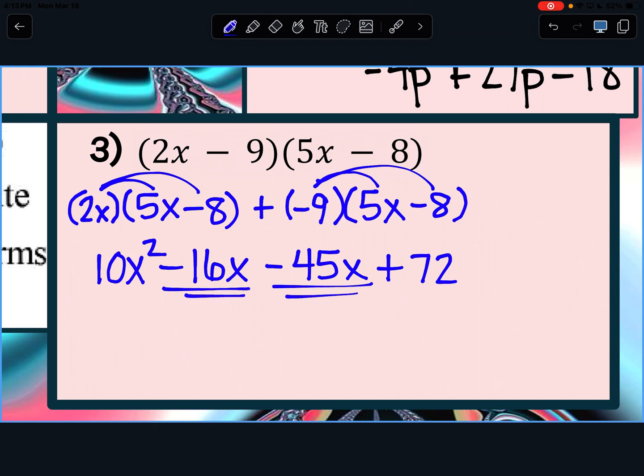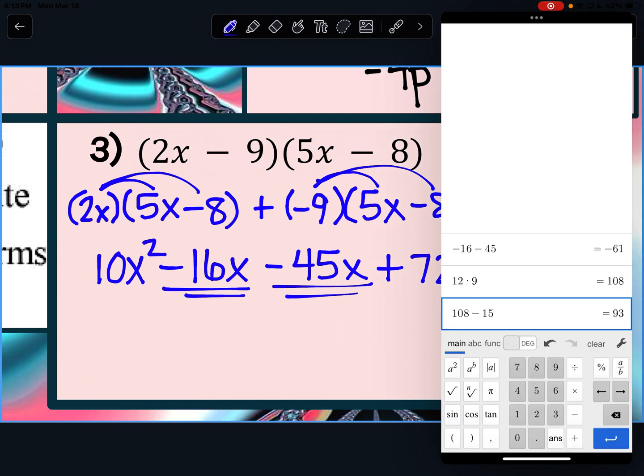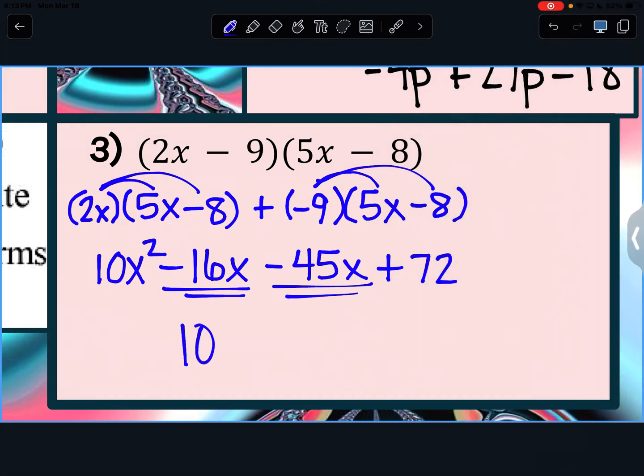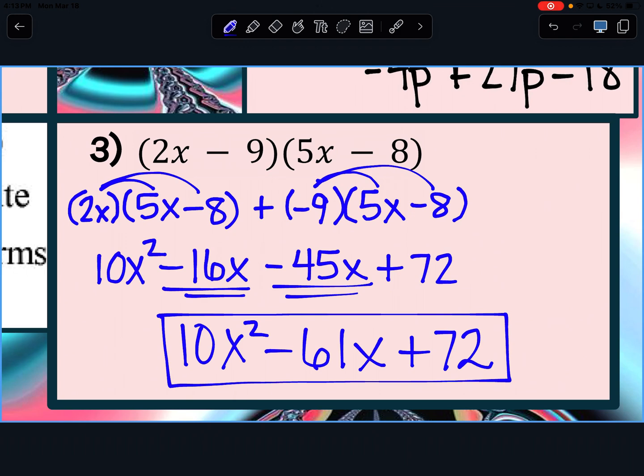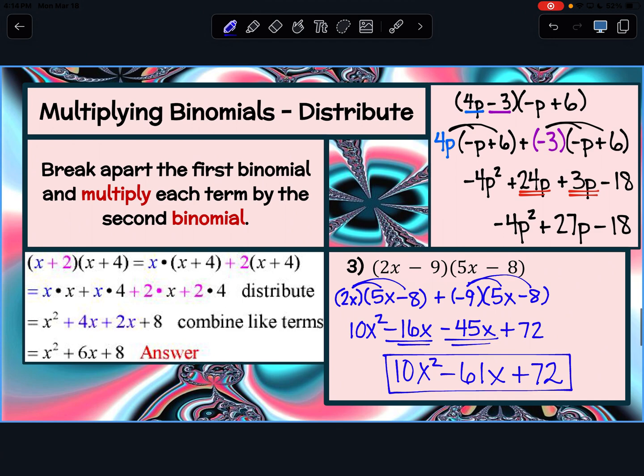Combine my like terms. Use a calculator to make sure I'm doing that right. Negative 16 minus 45 is negative 61. 10x squared minus 61x plus 72. Okay, so that's using the distributive property.